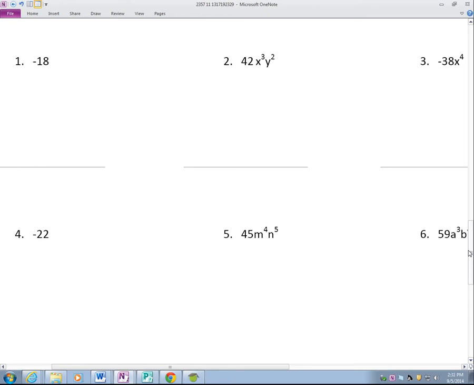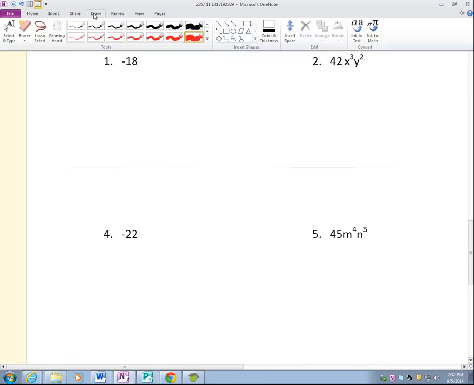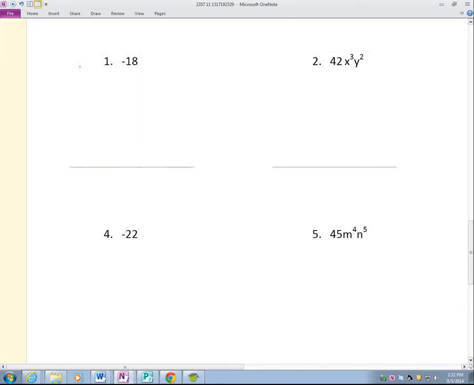However, the number -1 is considered a prime number, because you have to be able to represent an integer when you factor it out, and integers are positive or negative. I will demonstrate that with number 1 on the example problems. First step I'm going to do is pull out that -1. -1, 18.